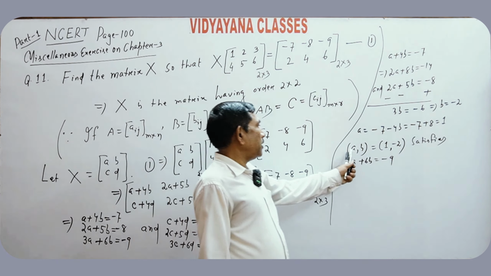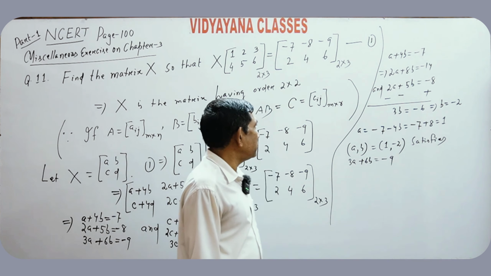Clear? A is equal to 1 and B is equal to -2.